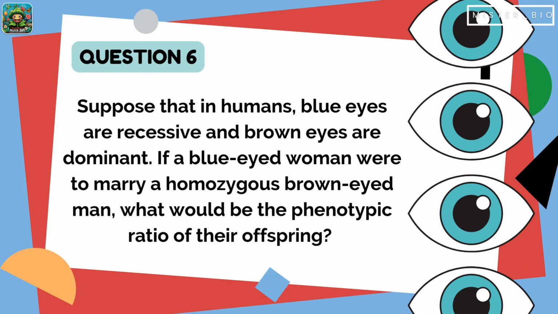Now, for our question number 6, suppose that in humans, blue eyes are recessive and brown eyes are dominant. If a blue eyed woman were to marry a homozygous brown eyed man, what would be the phenotypic ratio of their offspring?